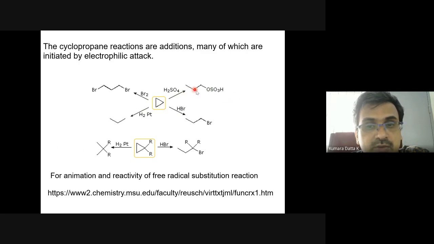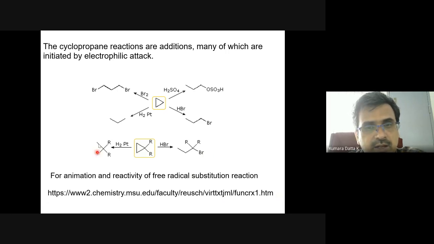So a 3-membered carbon ring with a sulfonic group, and bromopropane. Where hydrogen gas, if you add to cyclopropane, these bonds are broken to form propane. It will saturate. If you add bromine, you get dibromo in the absence of UV light. So you may look for an animation of how this reaction works on this website.